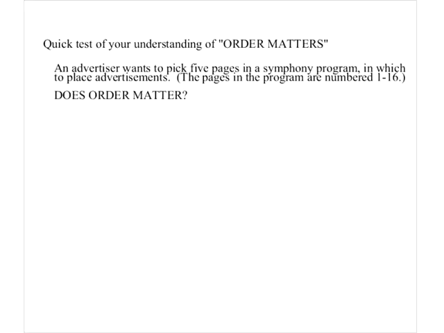The fact that you have numbered pages lends the illusion that order is important here. But remember, the operative question is, if I scramble the elements, do I get a different outcome? That's really what we're asking here.